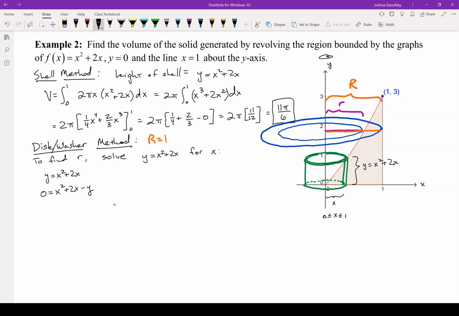And then notice that we have an equation quadratic in form, where a is the leading coefficient of 1 in front of the x squared, b is the coefficient in front of x, which is a positive 2, and c is the constant in back, which in this case is negative y. Now we use the quadratic formula. And then simplify.